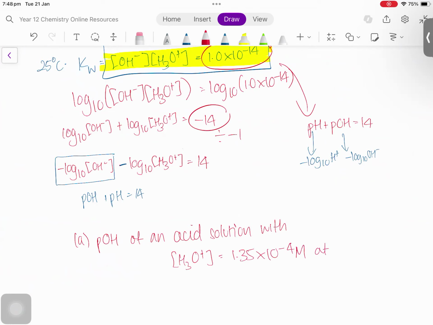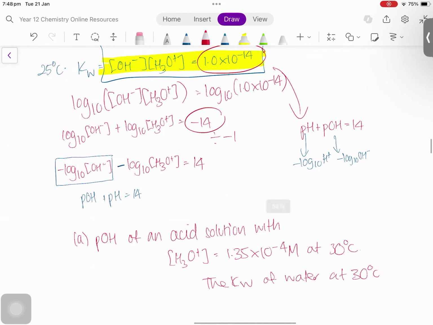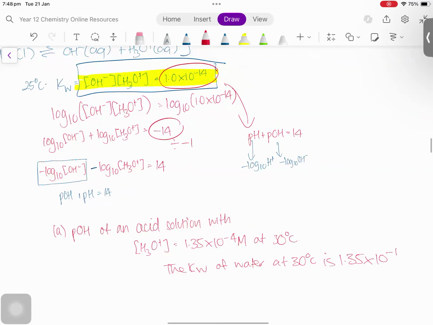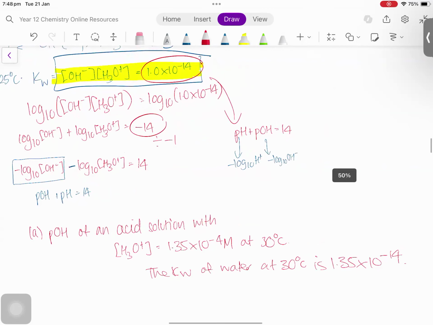You worked with 25 degrees Celsius, let's just say 30 degrees Celsius. And then the Kw of water at 30 degrees Celsius is 1.35 times 10 to the minus 14. Okay?